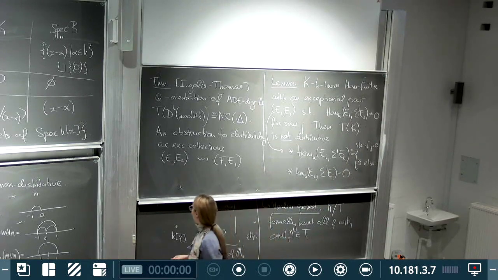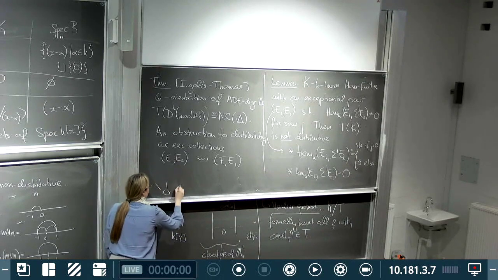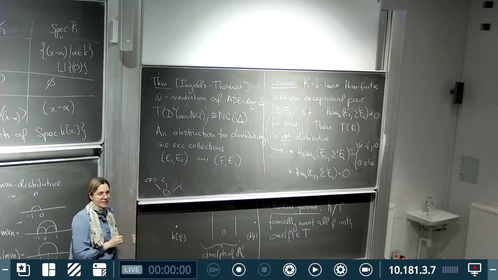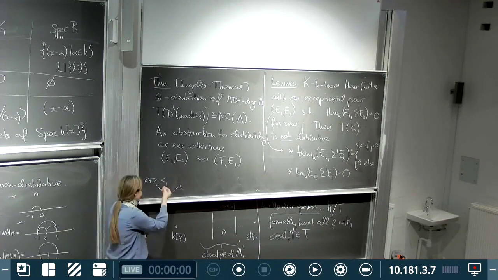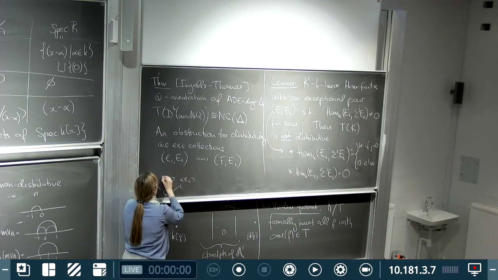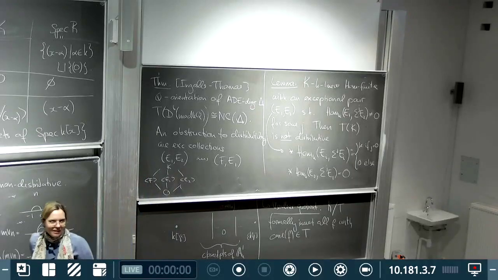And now you see that you find a sublattice, because your collection is exceptional, you're not going to have interaction between the subcategories generated by E1 and E2, or E1, E2, and F. So you get a sublattice like that in there, so you get the diamond in there, and that's of course enough to break distributivity.